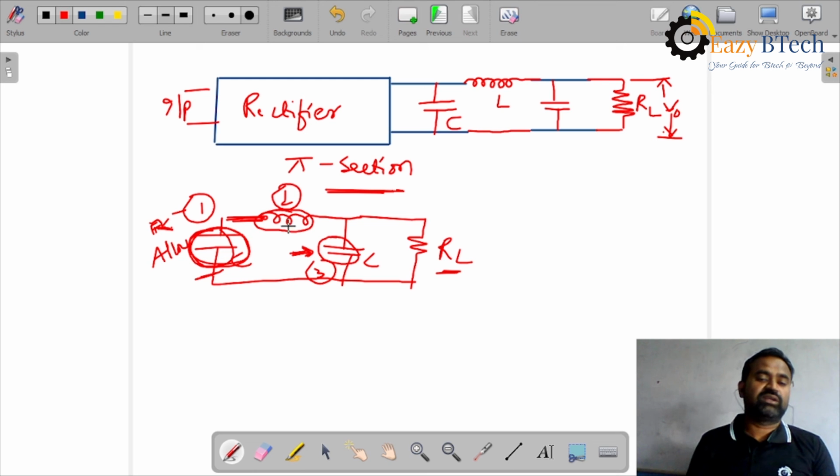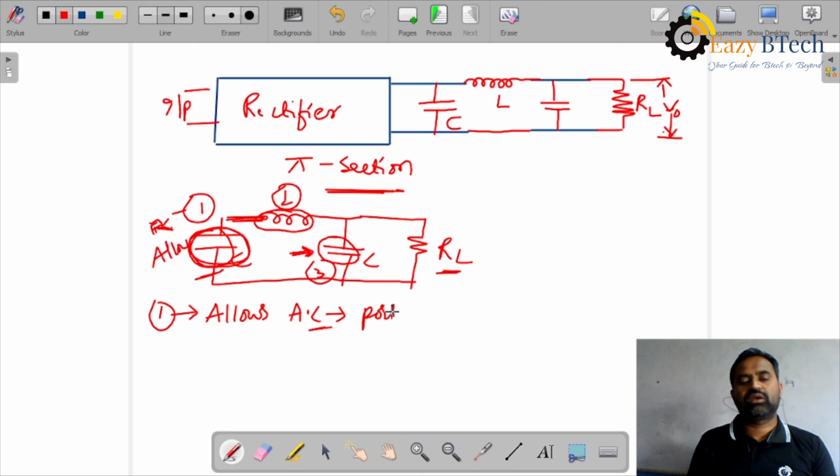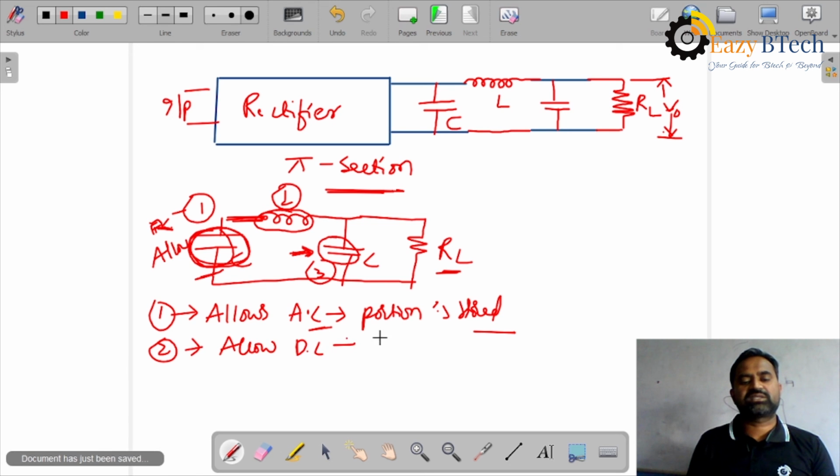Okay, we have the three stages. First stage, this capacitor allows AC, or the AC portion is stored in this capacitor. Second stage, the inductor allows DC to pass. Next, third portion.